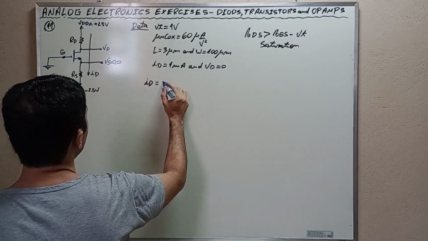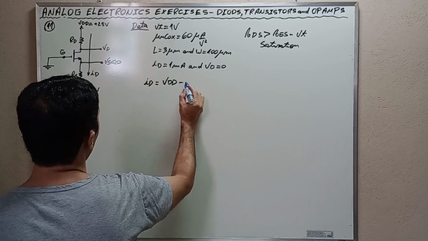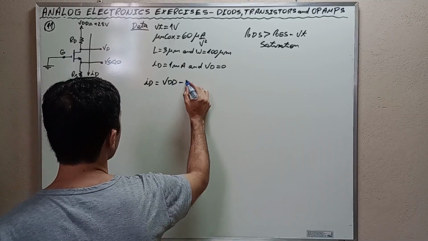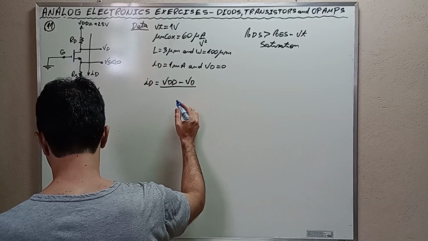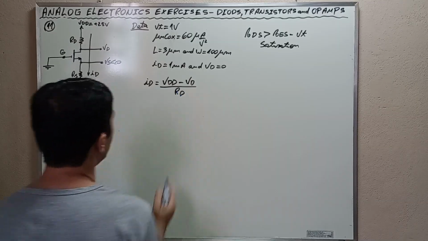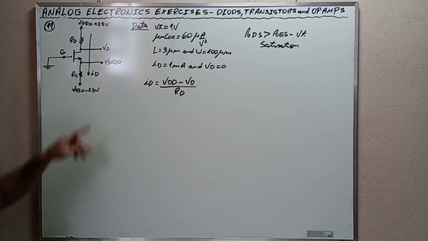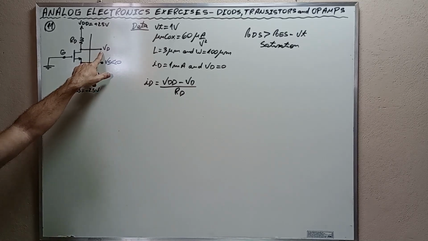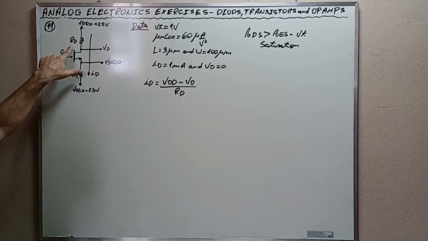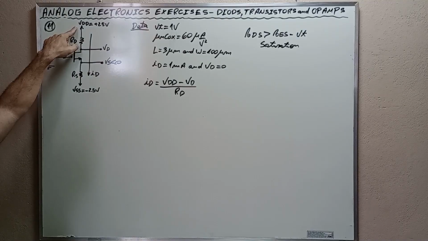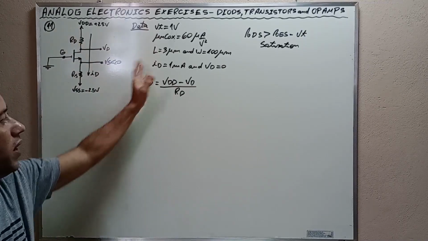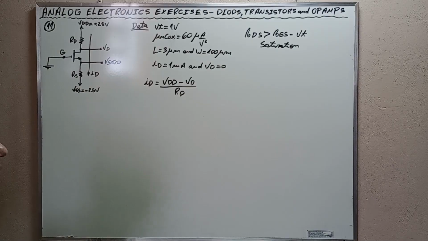ID is equal to VDD minus VD divided by RD, okay? The voltage at the drain plus this voltage drop here on RD has to be equal to the voltage of the voltage source here. If we manipulate this, passing one to one side and the other to the other side, we find this expression.